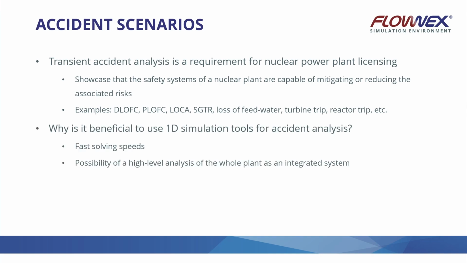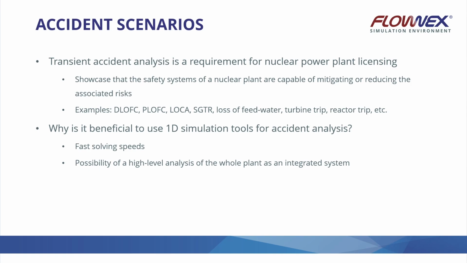This creates a need for a computer code capable of simulating such nuclear plants, the reactor and the power cycle with all of its components in steady state and transient. 3D CFD computer codes often take a very long time to solve or focus on specific elements of a nuclear system and require a lot of computing power.